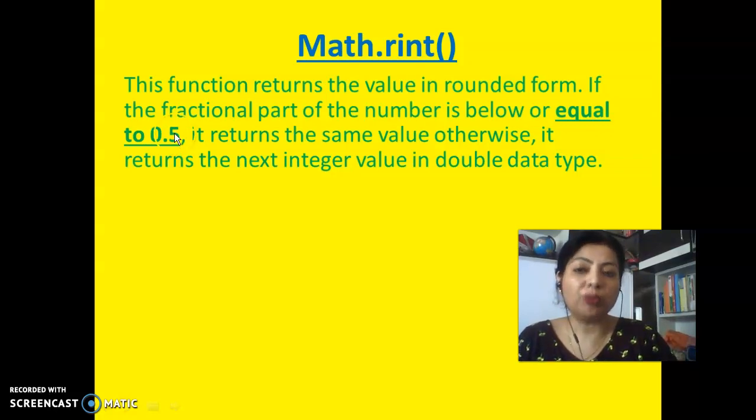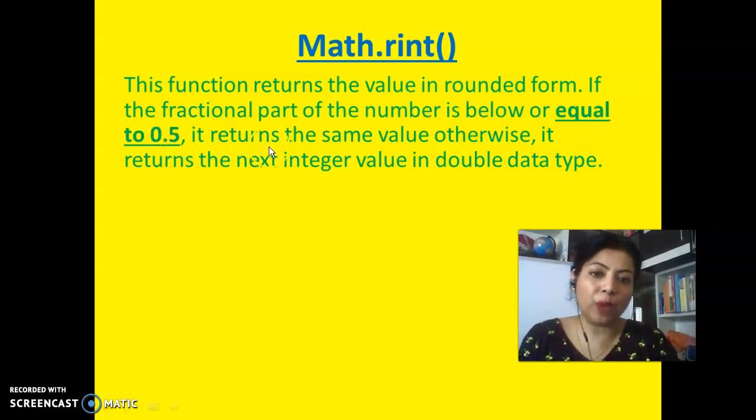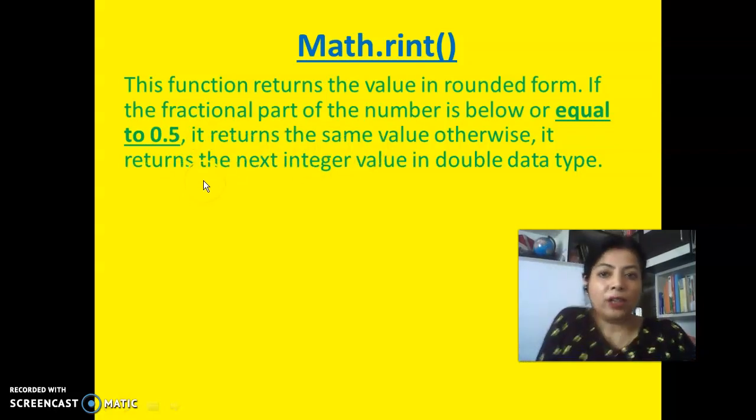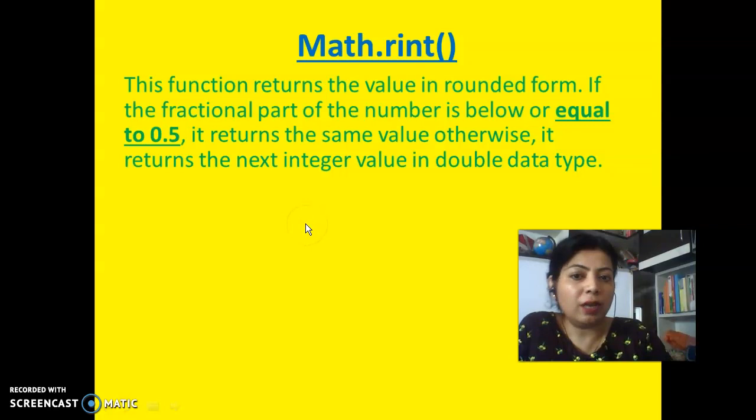Only above 0.5 do you increase the value. If it is below or equal to 0.5, same. If it is more than 0.5, then you have to increase the value.